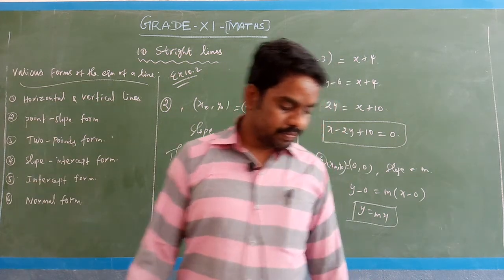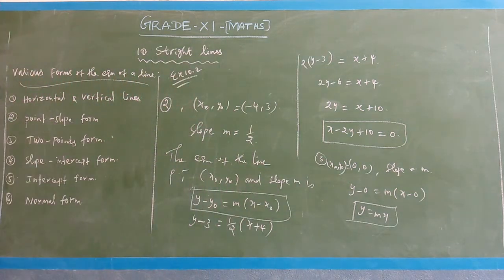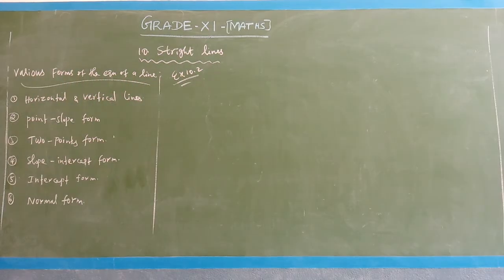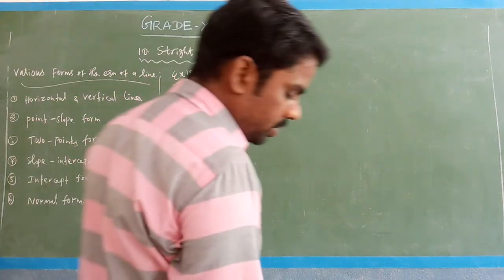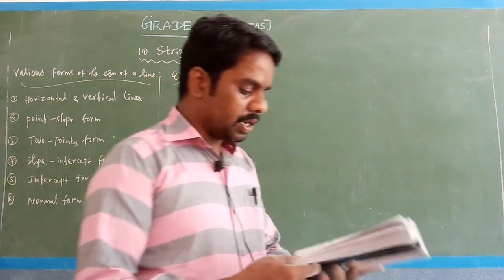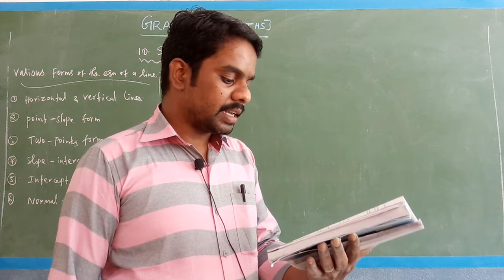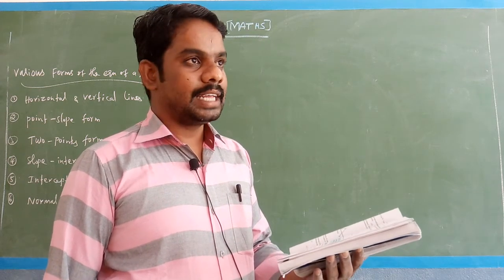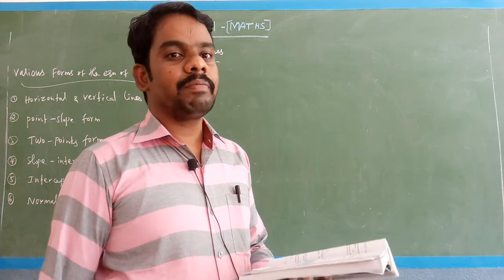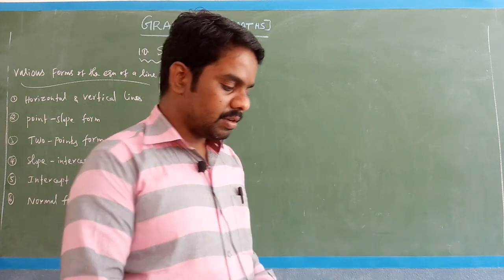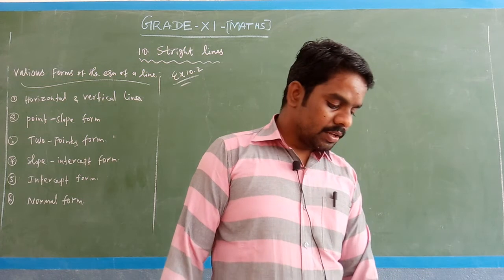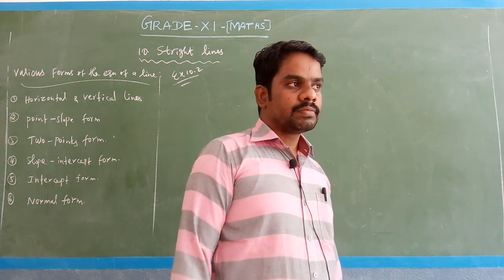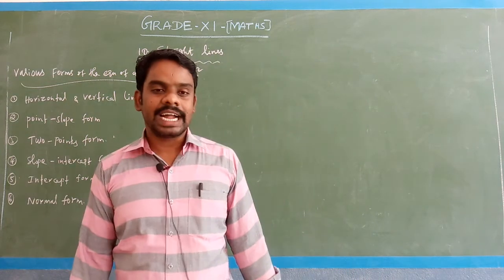Next, the fourth question, a very simple question. The line passes through 2 comma 2 root 3 and is inclined with the x axis at an angle of 75 degrees. That is, the slope of the line m equals tan 75 degrees. Find the value of tan 75 degrees.